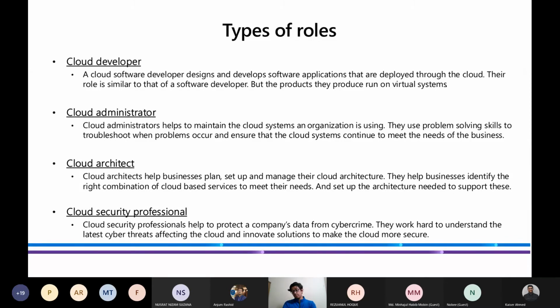So this cloud breach is quite a hectic part, and this is where most cloud security professionals are required.